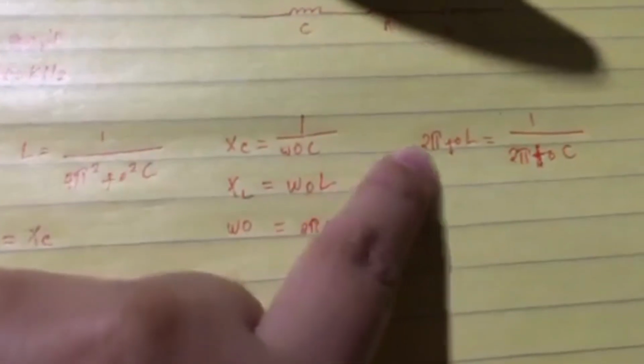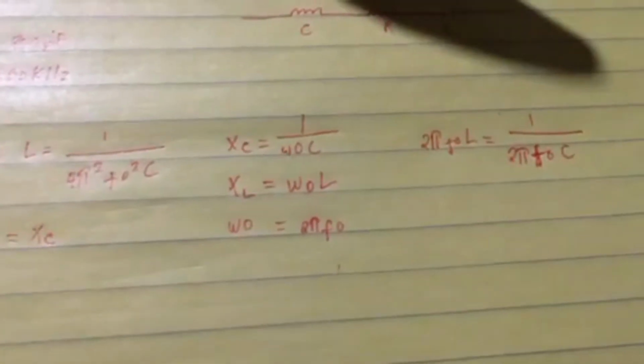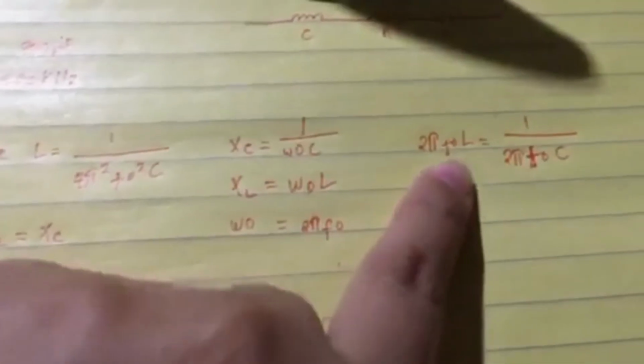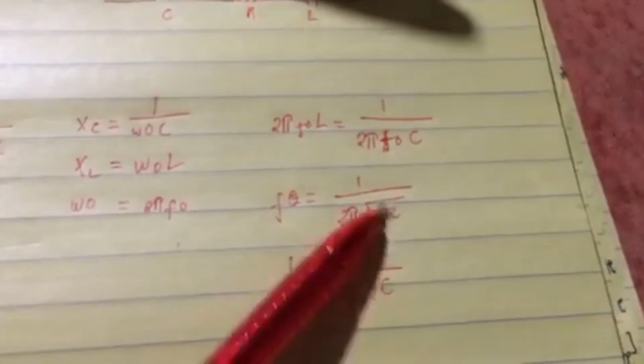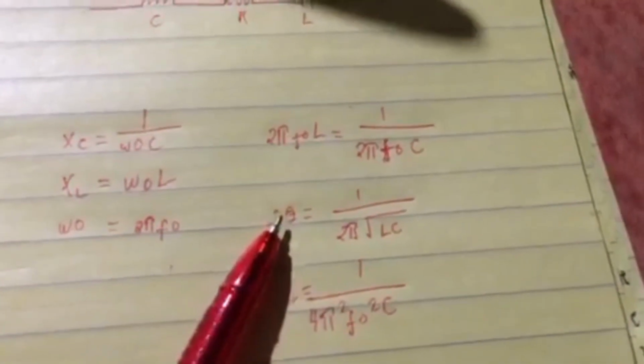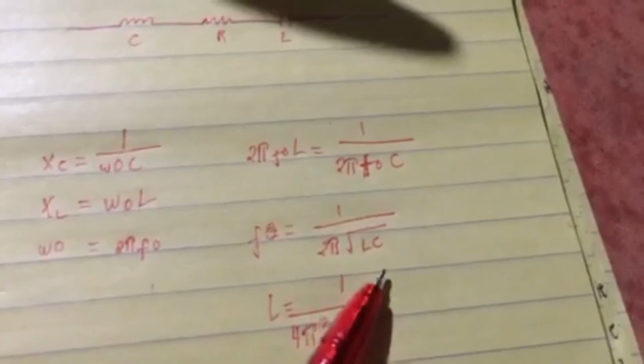We put the value of omega naught and equate XL and XC, so we get 2 pi f naught L is equal to 1 over 2 pi f naught C. Here we get f naught is equal to 1 over 2 pi square root of LC.